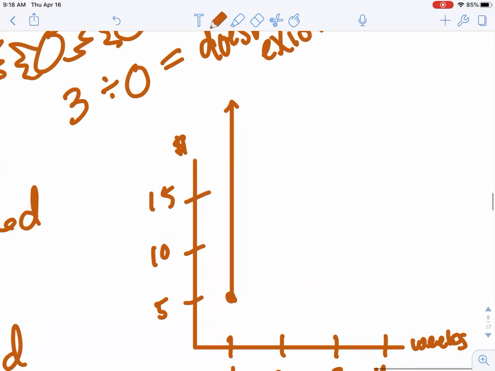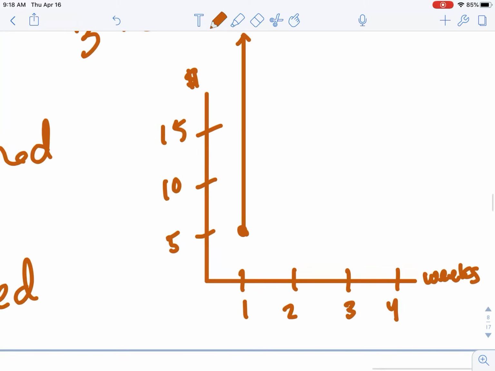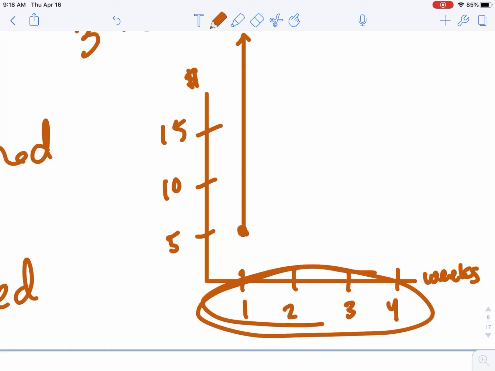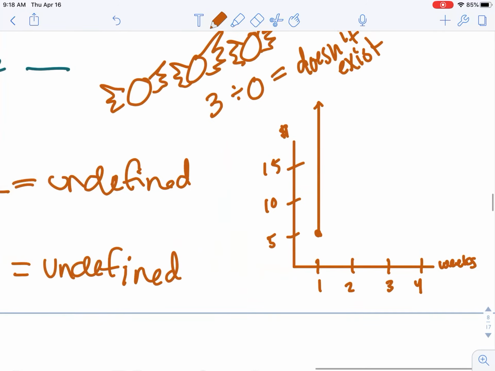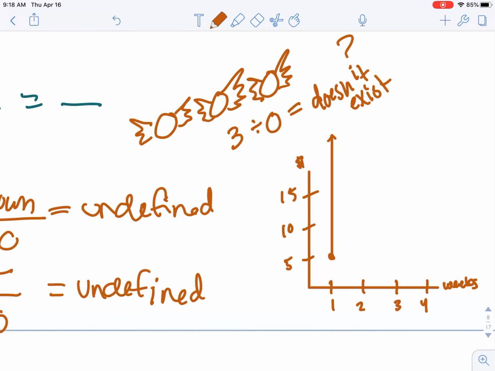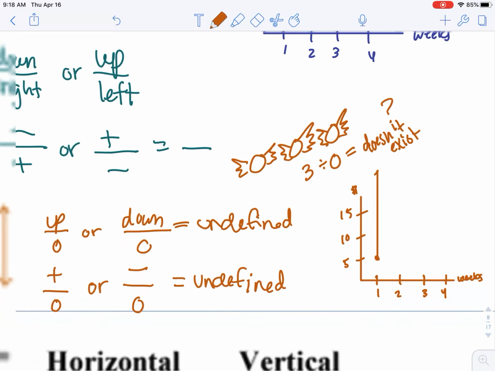You're not going to your second week, but you're just continuing increasing money. That can't exist. Time cannot stop. You can't just constantly be increasing money and just stay frozen in time. In the real world, you can't do that. So it doesn't exist. That's why this slope doesn't exist, because you can't constantly be increasing and not moving over in your time.